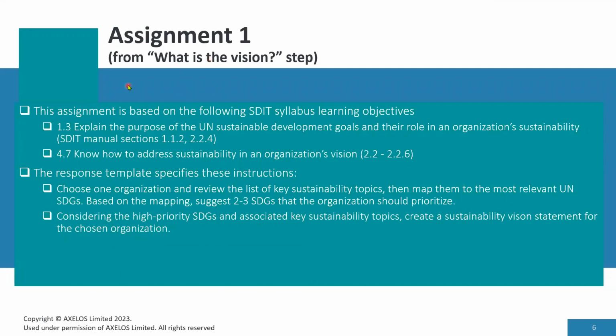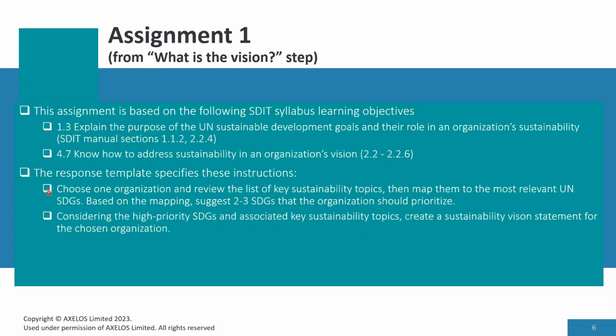So the first assignment is related to the vision step. And once you have finished that section of your training courseware, the second main bullet here explains what you have to do. The response template specifies these instructions. Choose one organization and review the list of key sustainability topics, then map them to the most relevant UN SDG.